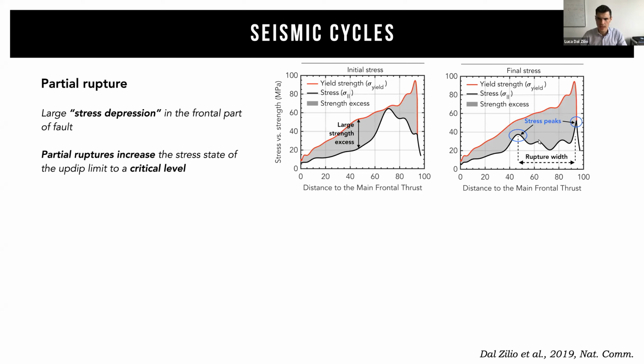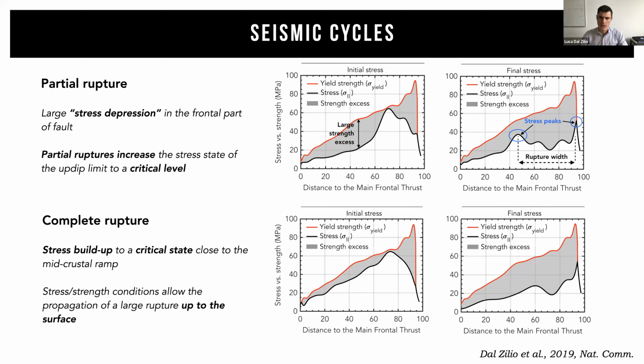And when an earthquake nucleates in this part where stress is getting very high, this difference between the stress and the strength will prevent rupture from propagating all the way to the surface. So we have a partial rupture of the fault.